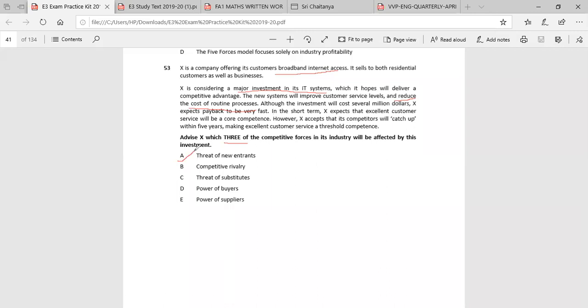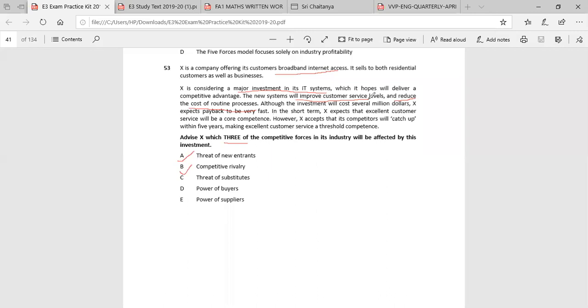Because they are pouring in so much investment and will improve the customer service levels, that can affect competitive rivalry, right? Their profitability, though the cost is more, they can get back their return very fast. That is what it says.